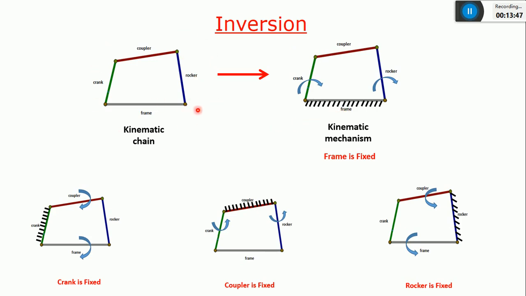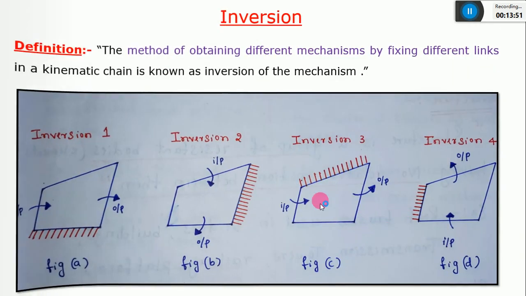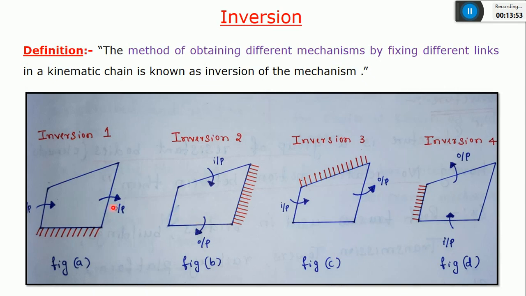Okay, so please take down a rough sketch of this one, the same figure. So this is inversion 1, inversion 2, 3 and 4. Please take a definition. It is a method of obtaining different mechanisms by fixing different links in a kinematic chain. So this method is known as inversion of a mechanism. Remember, always the word inversion comes between a kinematic chain and a mechanism.